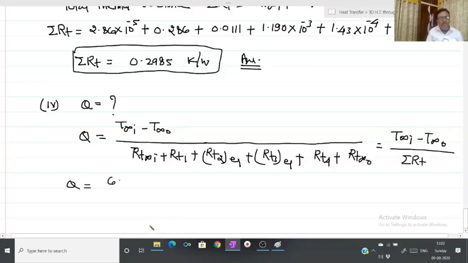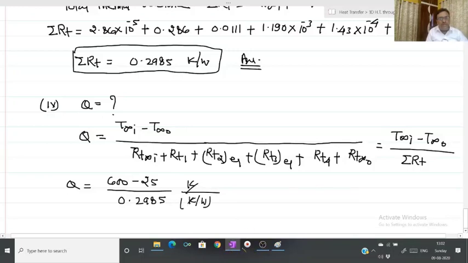T infinity I is 600, T infinity O is 25. The value of thermal resistance, just now I could calculate. This value is in Kelvin and its value is Kelvin per watt.